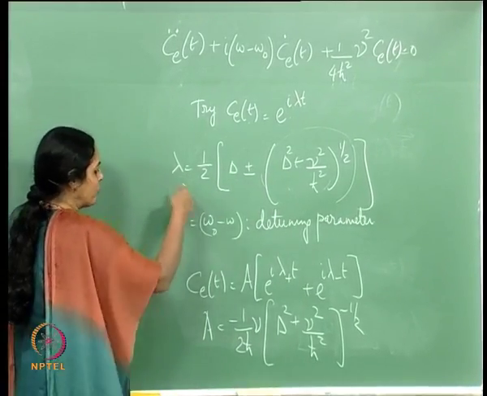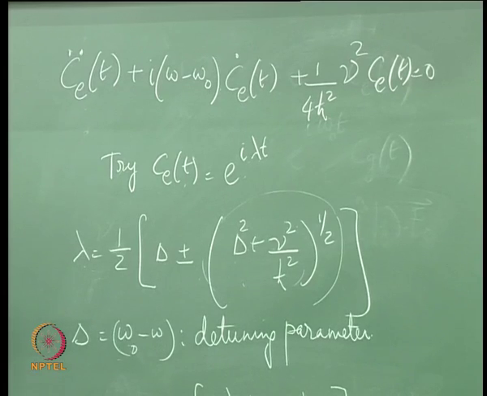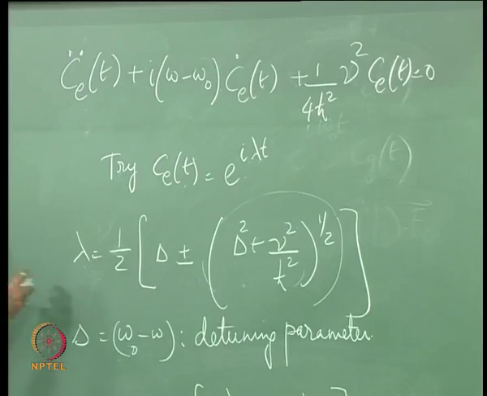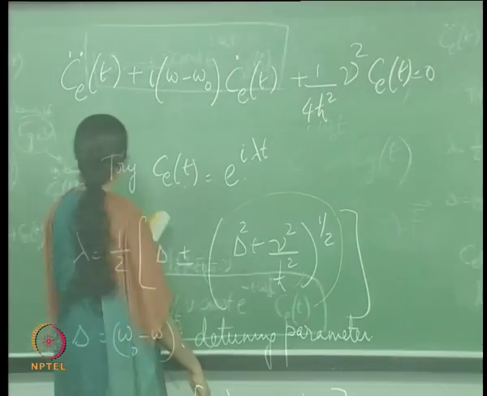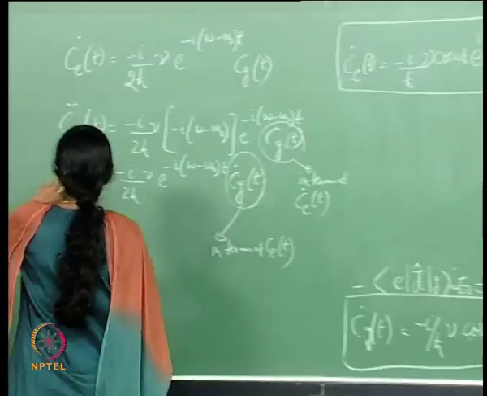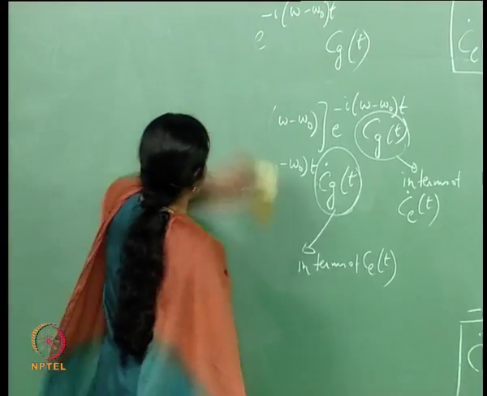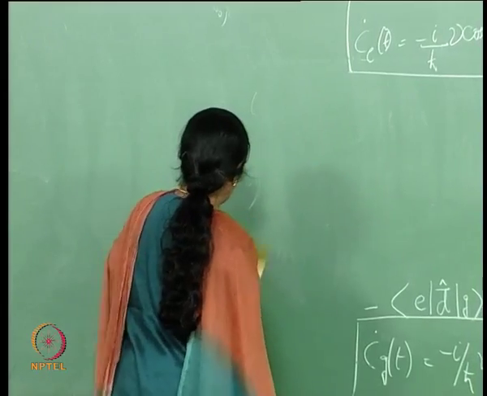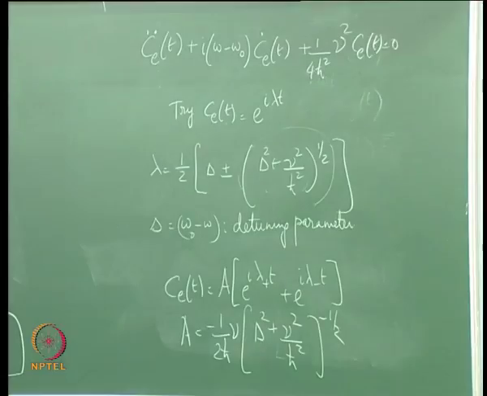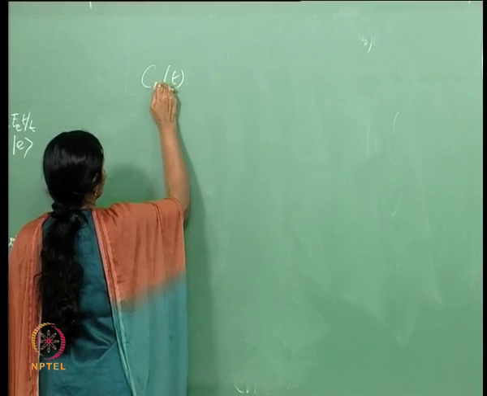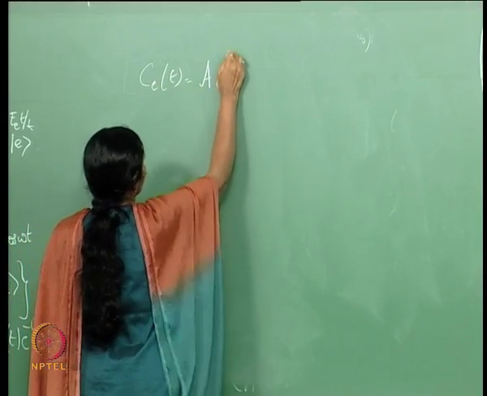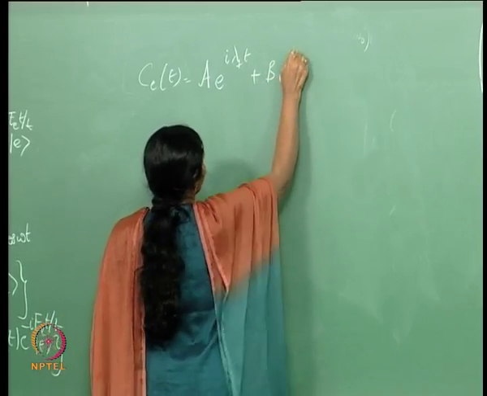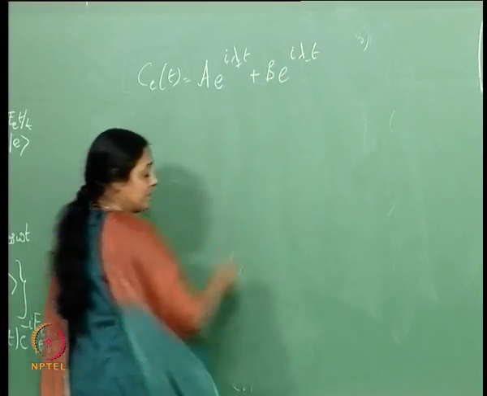What would I expect for lambda? A general solution could be either of these, and I will call the two roots lambda plus and lambda minus. And then, of course, the general solution for Ce of t can be written down: A e to the i lambda plus t plus B e to the i lambda minus t.